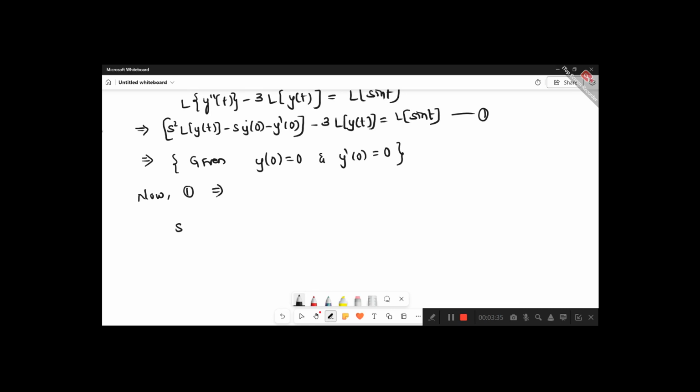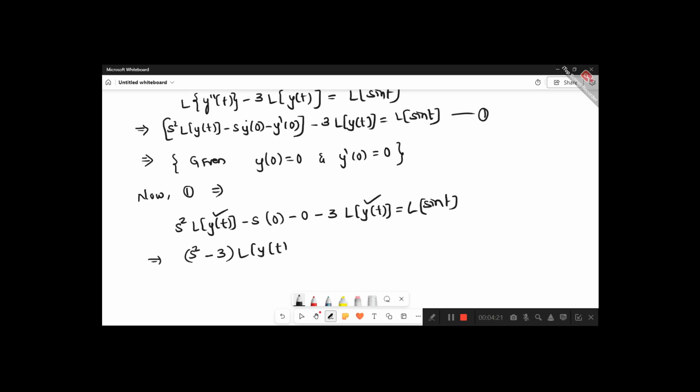We get s square L of y of t minus s times y of 0, which is 0, minus y dash of 0, which is 0, minus 3 Laplace of y of t is equal to Laplace of sin t. If we see this, we have Laplace of y of t as a common term. Take that as common. This implies s square minus 3 of Laplace of y of t is equal to Laplace of sin t.